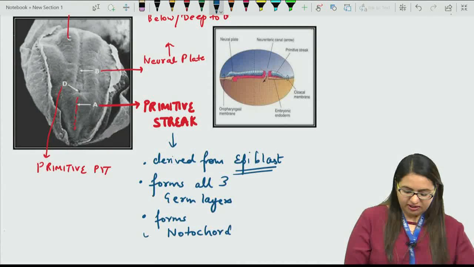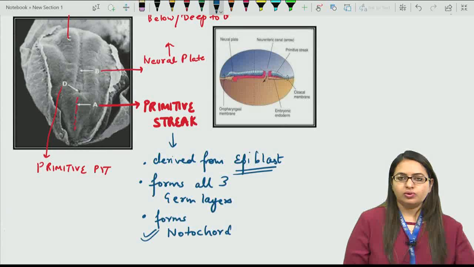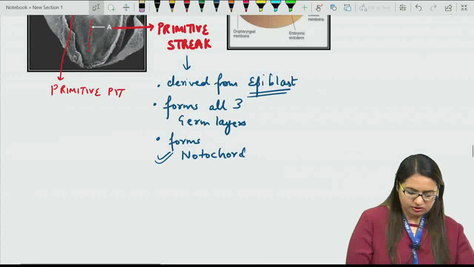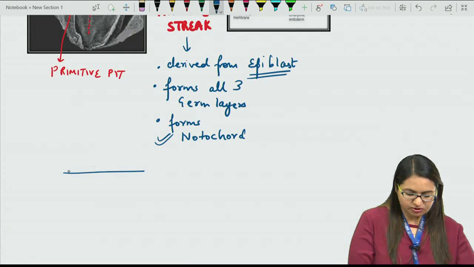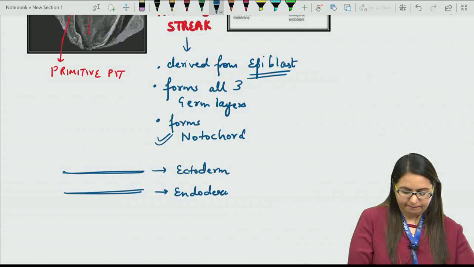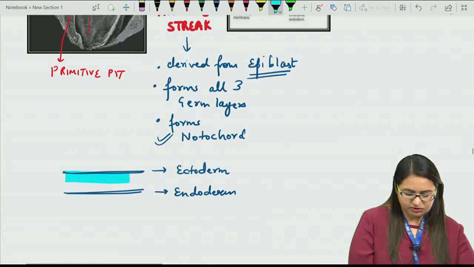The notochord, when it is formed by the primitive streak, after that induces the formation of the neural tube. It induces the overlying surface ectoderm to become specialized, and that overlying surface ectoderm becomes the neural plate, which will later lead to the formation of the neural tube. So if you take a cut section over here, this is the ectodermal layer, this is the endodermal layer, and in between we have the mesoderm.